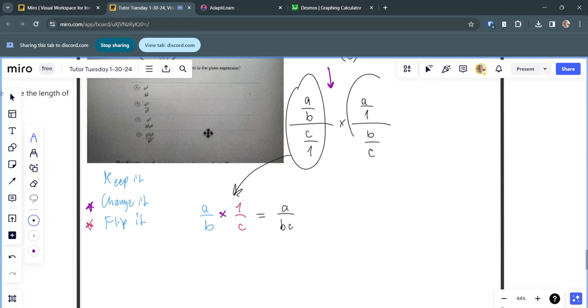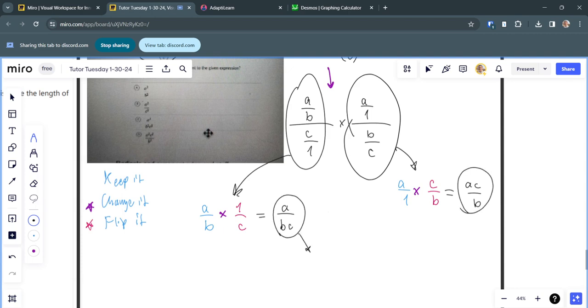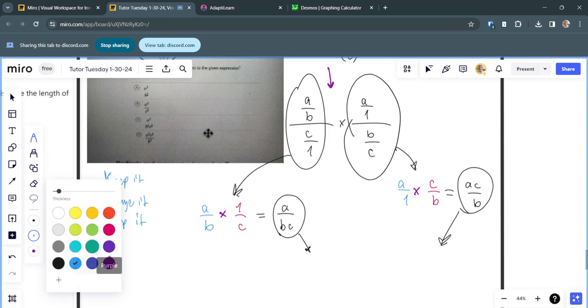Then let's handle the second part. This becomes a over 1, change it to a multiplication, and flip that b over c to become c over b, which ends up equaling ac over b. Now let's plug these back in, because we haven't actually performed this multiplication yet.